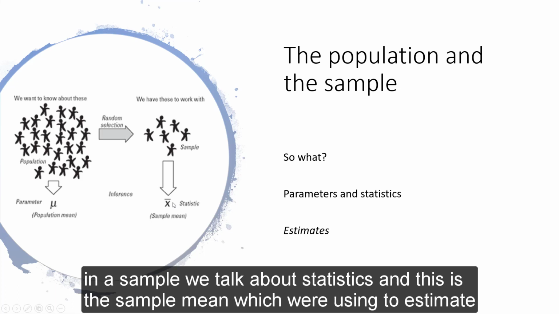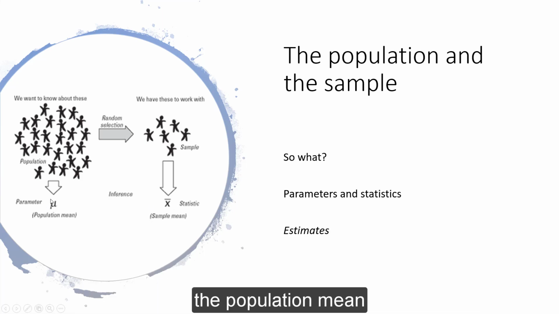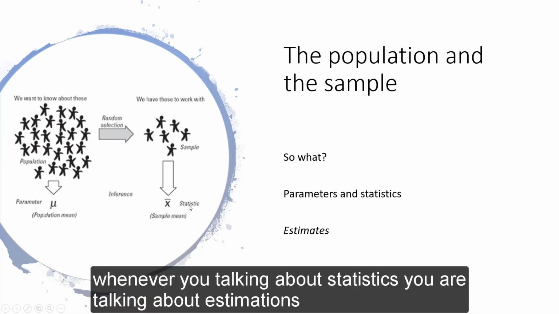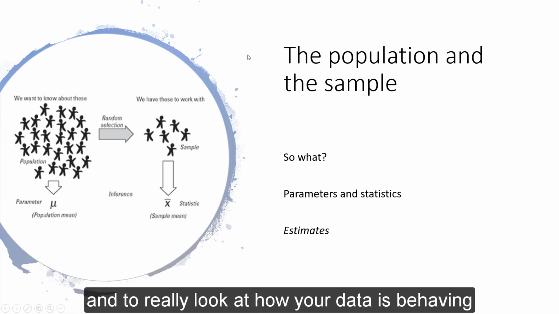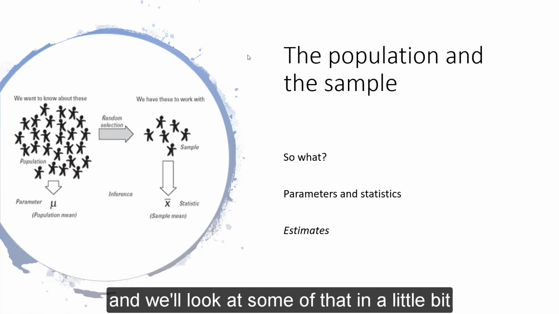In a sample, we talk about statistics, and this is the sample mean, which we're using to estimate the population mean. Whenever you're talking about statistics, you're talking about estimations, there will always be some degree of error. So this is where it's really important to know how you selected your sample and to really look at how your data is behaving. And we'll look at some of that in a little bit.